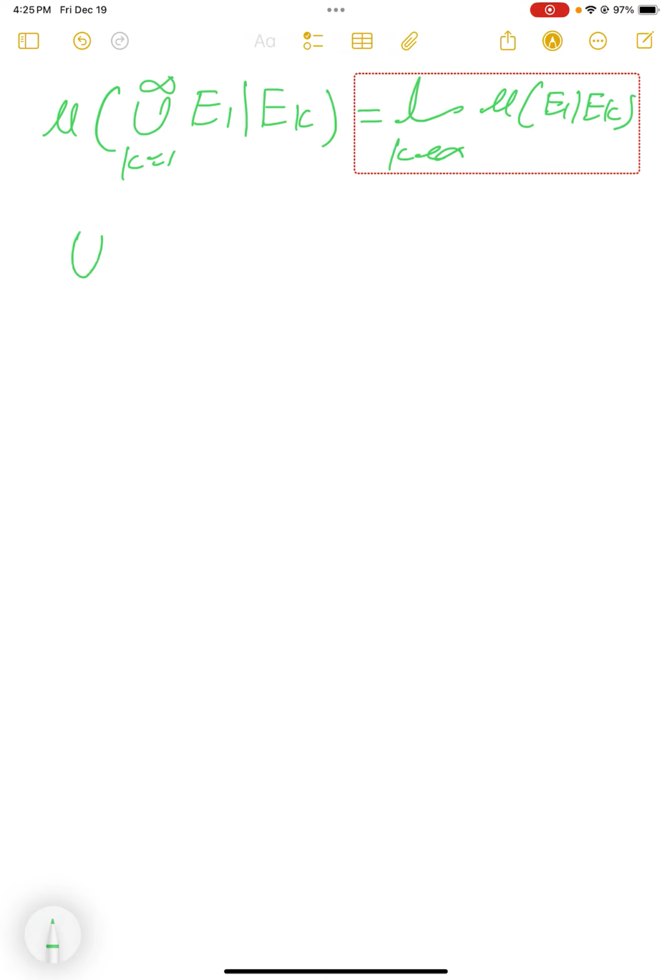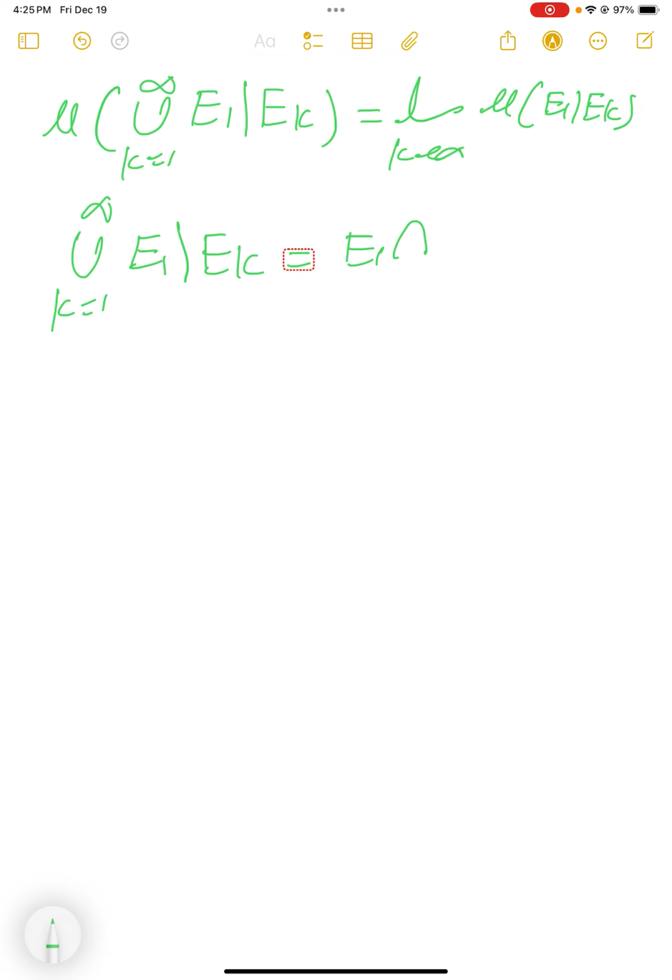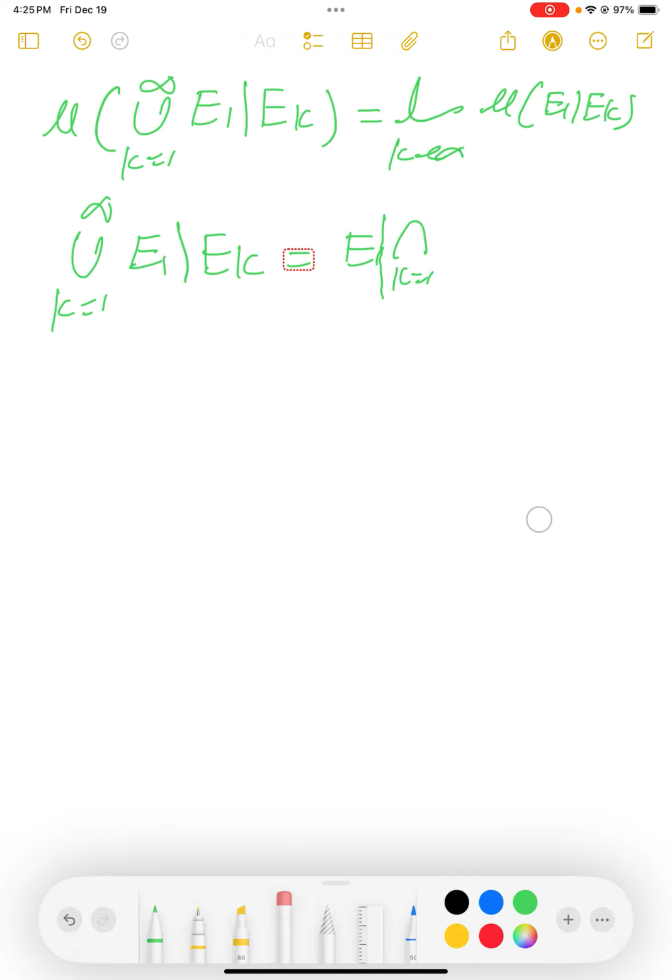Now what does De Morgan's law say? The union over k from 1 to infinity of E1 difference Ek is E1 difference the intersection over k from 1 to infinity of Ek.